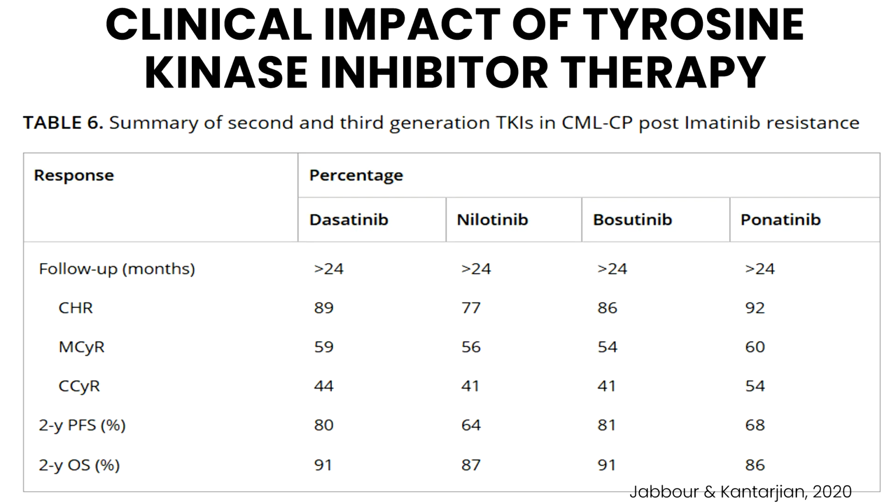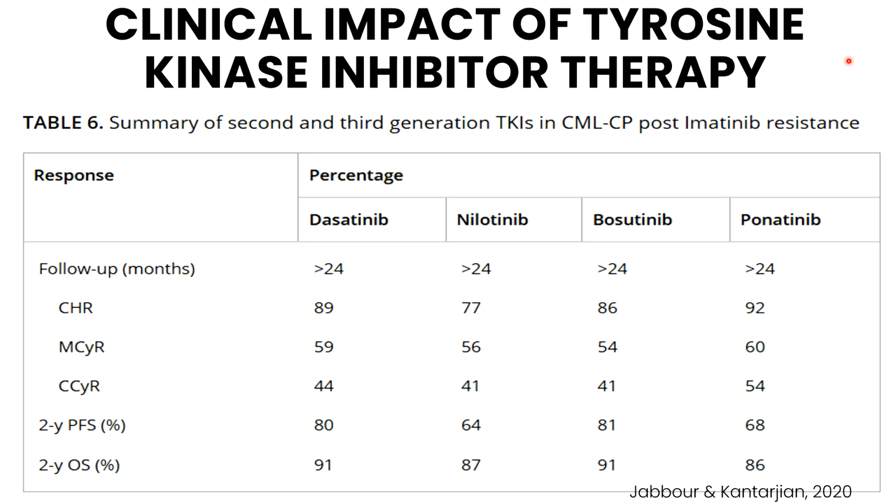So, if these therapies are so effective, why do some patients eventually stop responding to treatment? Well, the answer to this question lies in one of the greatest challenges in cancer treatment: drug resistance.